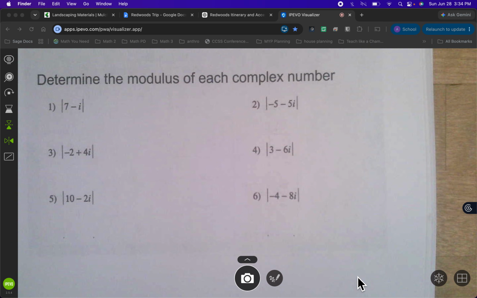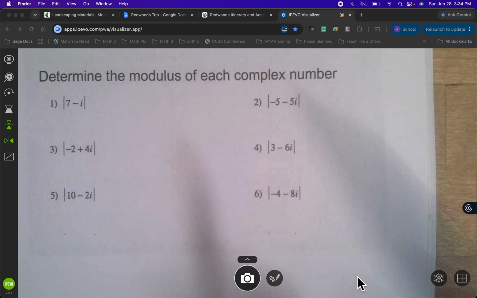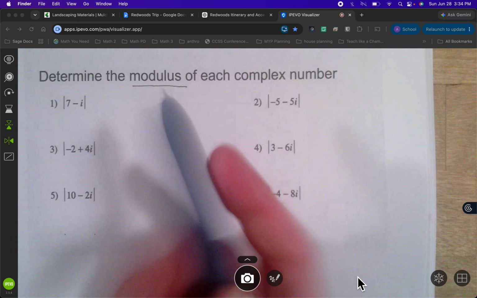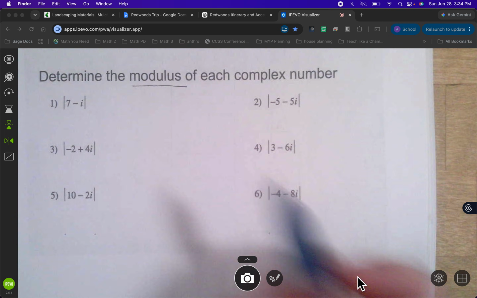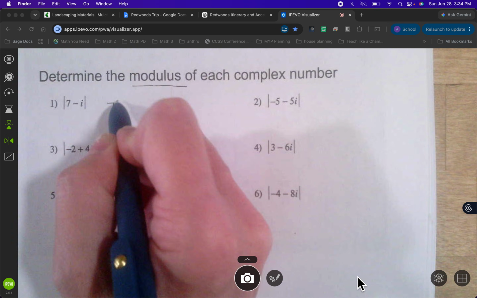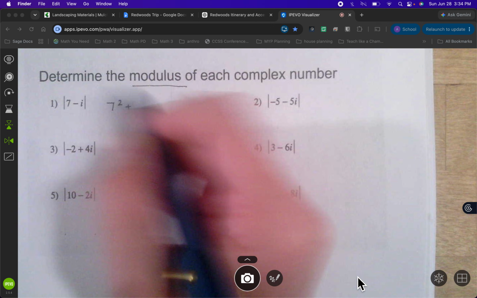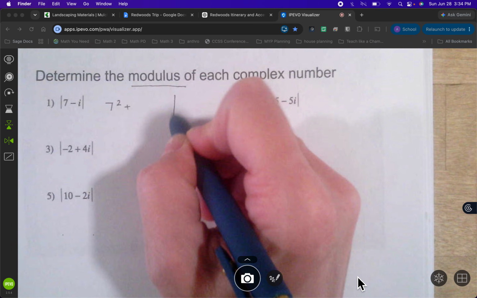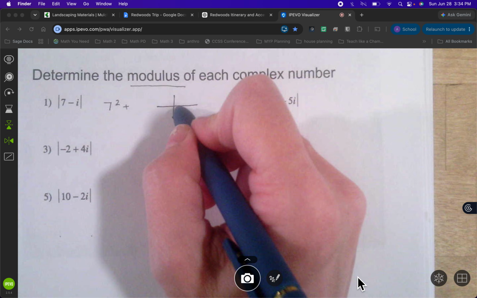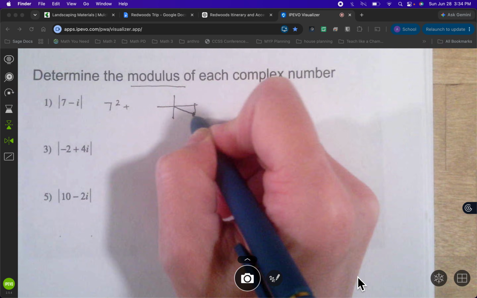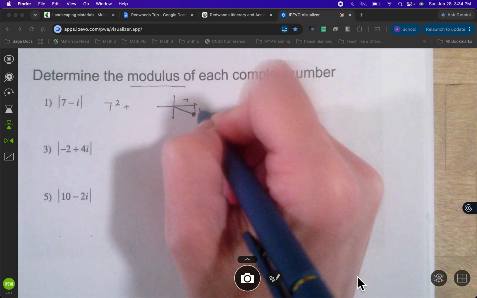The notation you're going to see for modulus is just like the notation we see for magnitude, the absolute value signs. If you were doing this one, you would say 7 squared plus negative i is just 1 long. So you're looking at a complex number that's 7 over, 1 down. It's like here, so this is 7 and that's 1.